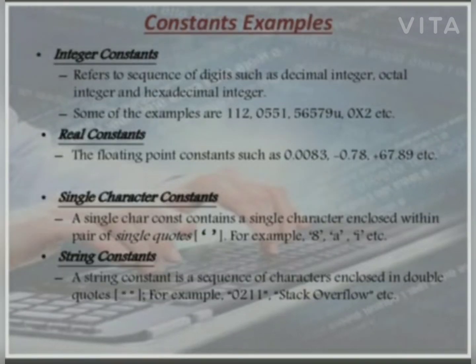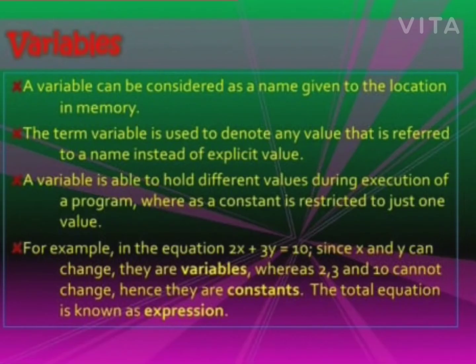Examples for character constants: your name, your father's name, your school name, the sun, the moon, all are constants. Examples for numeric constants: your Aadhaar number, your PAN number, your parents' vehicle number, bank account number, etc. Variables.